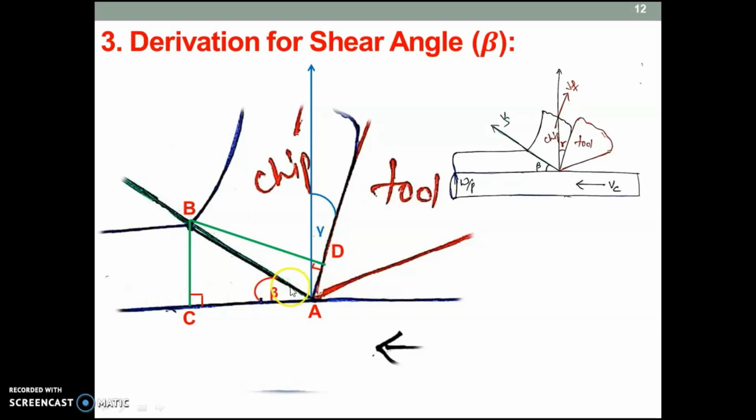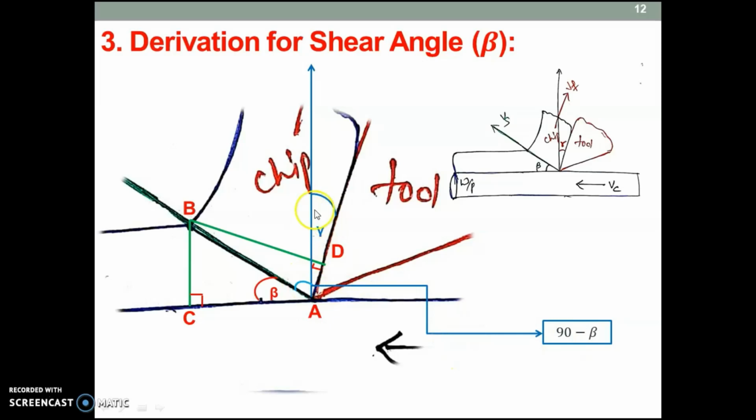You can see on the video that this total angle is 90 degrees. Angle CAB is beta, the shear angle. So what about this portion? How much is the angle? 90 minus beta. Total angle 90 minus this angle, that is beta.